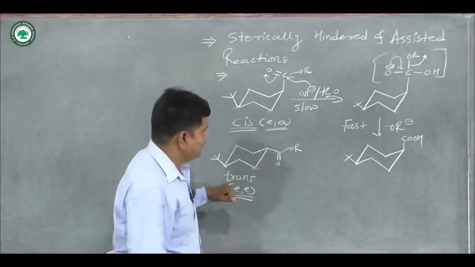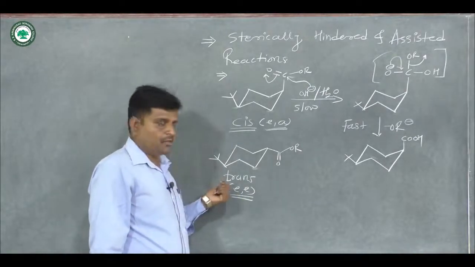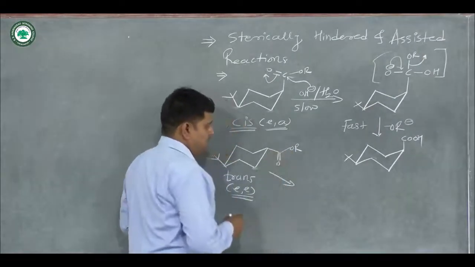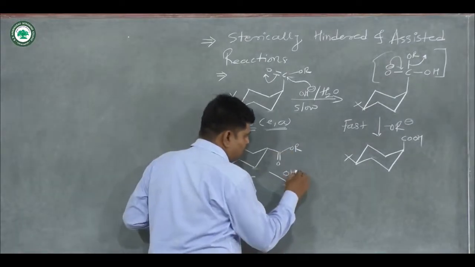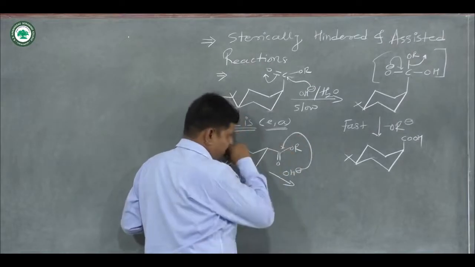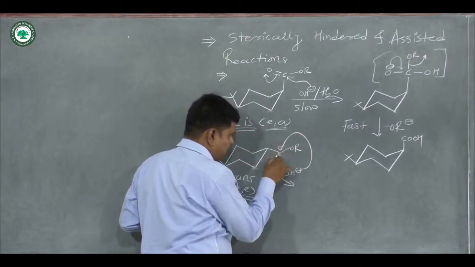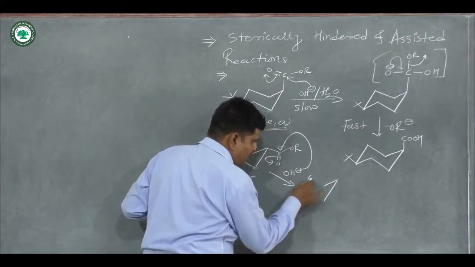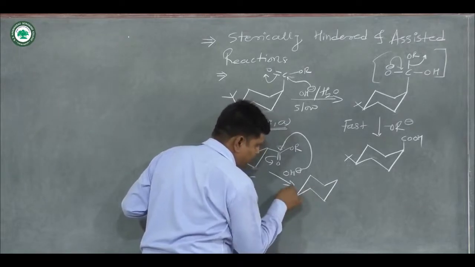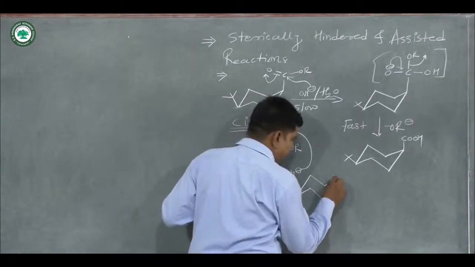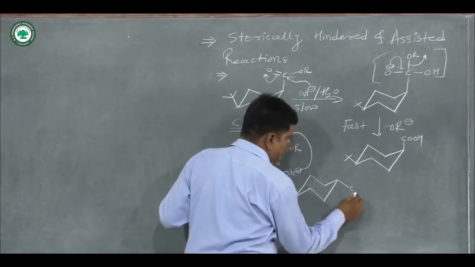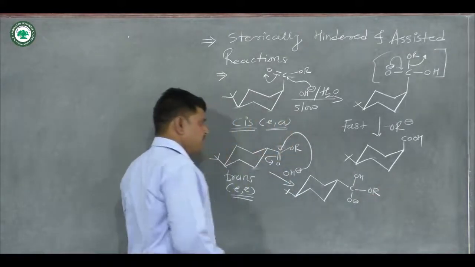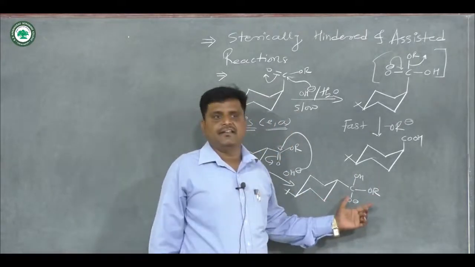Then we go for the trans isomer. When the same reaction is carried out, OH minus attacks the carbonyl carbon. After that we get an intermediate with O minus, OH and OR.